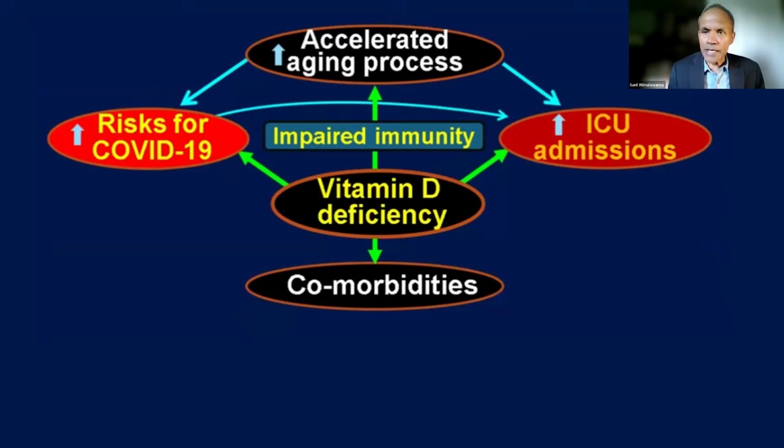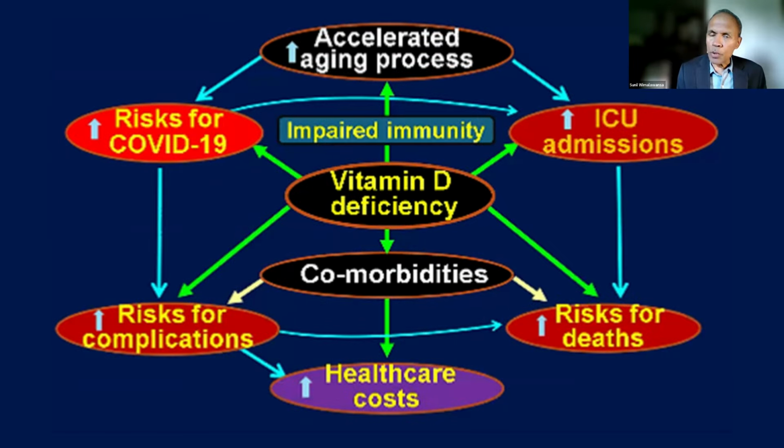You saw this in the statistics during 2020. 80% of the people who died from COVID were elderly people in nursing homes and residential homes, because they have multiple comorbid conditions and almost all of them had vitamin D deficiency. So they were the first set of people who died from COVID due to significant vitamin D deficiency.